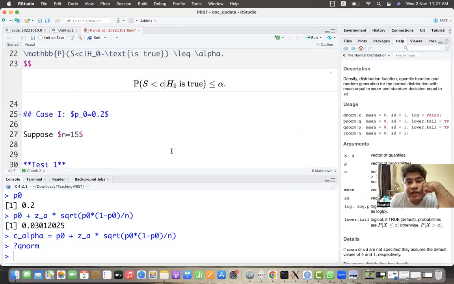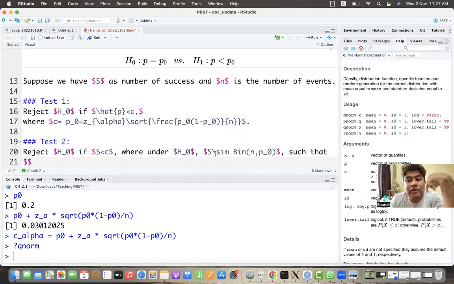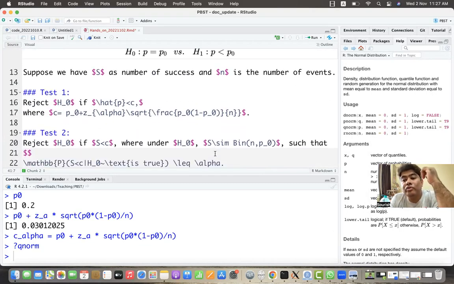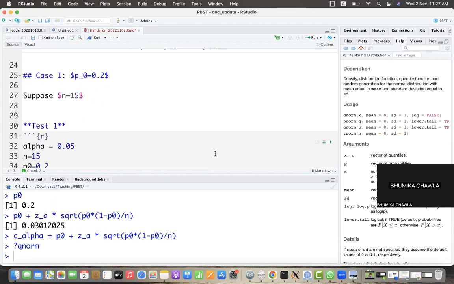It's a left tail test. So I want the probability Z less than Z alpha. So definitely I want lower tail to be true. So you're defining Z alpha to be a critical value below which the probability is 5%. Correct. Okay.